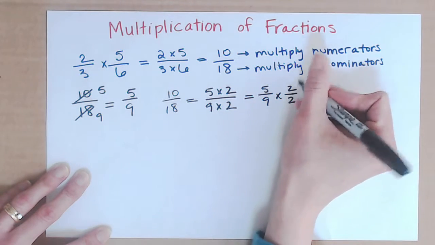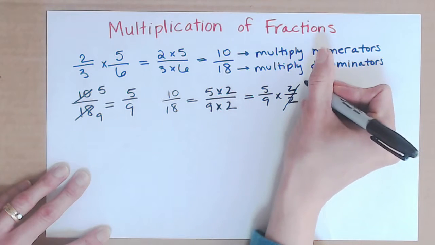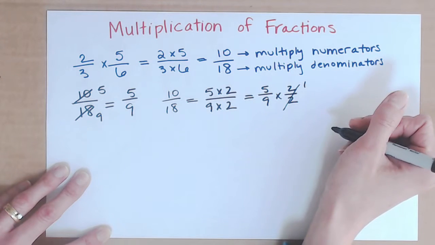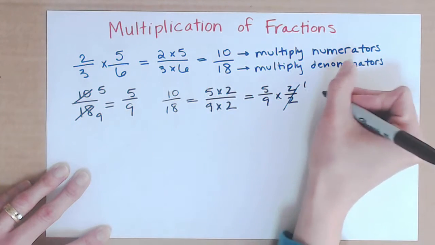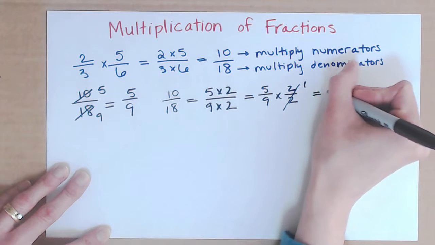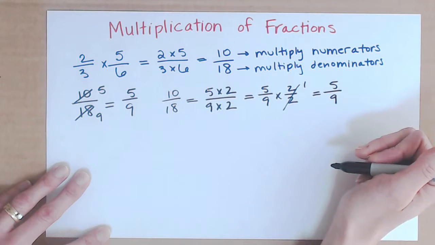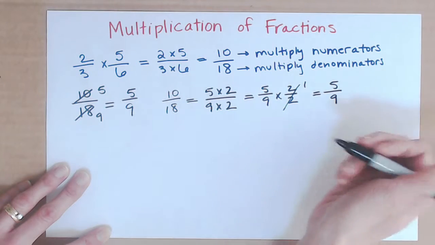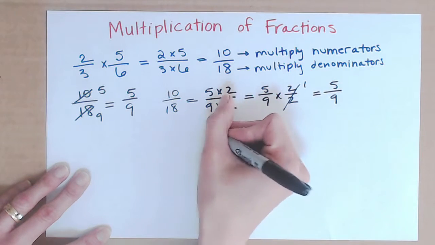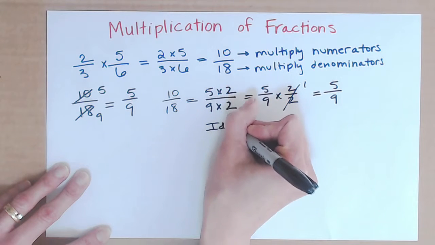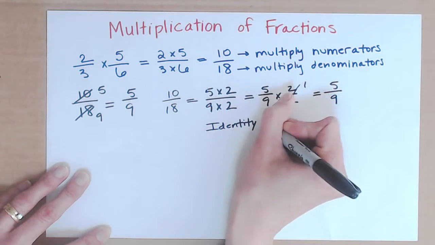Now 2 over 2 is just another way to say 1. So what we really have is 5/9 times 1, which we should know is 5/9, because a number times 1 is always that same number. There's a name for that property. It's called the identity property of multiplication.